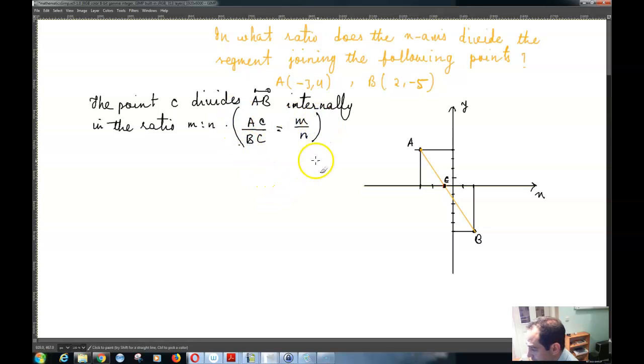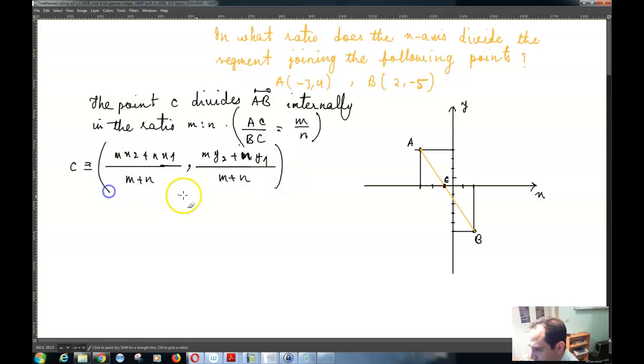Okay. Now, using the section formula, what we can write is that the coordinates of the point C is equal to (mx2 plus nx1) over (m plus n), and then (my2 plus ny1) over (m plus n).